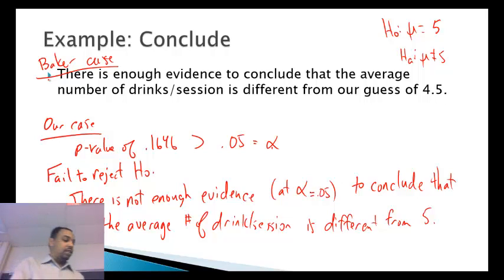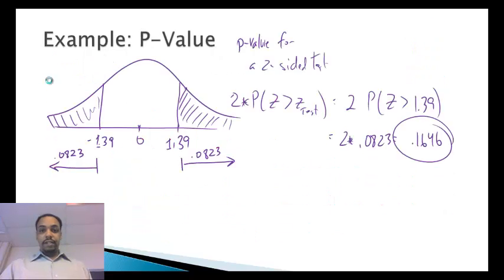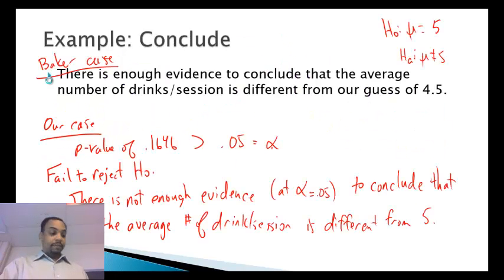So enter the hypothesized value. In this case, for us, it was 5. The population standard deviation was 2.98. The sample mean of 5.31, 178 people.